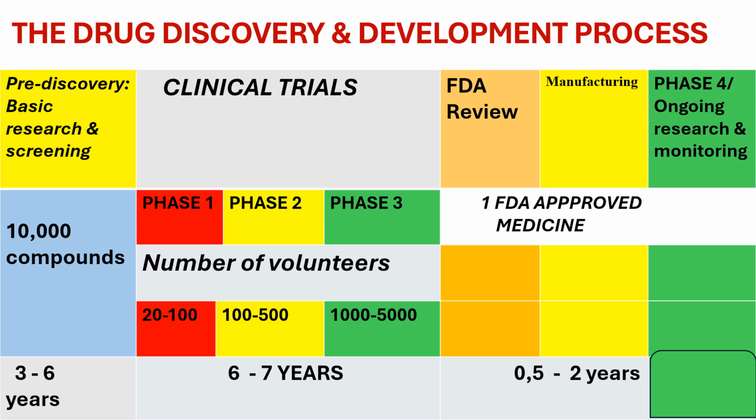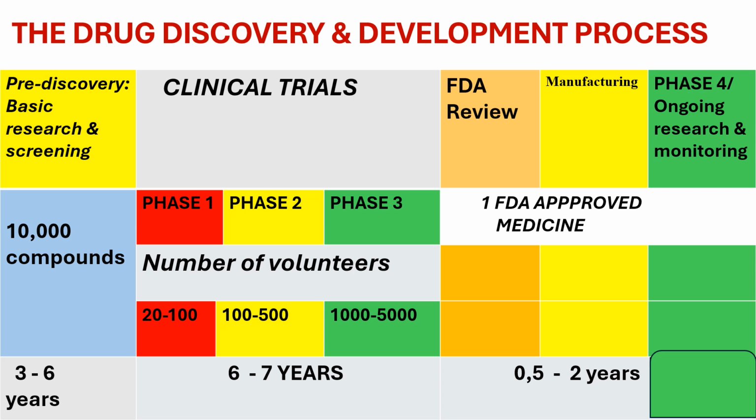These guidelines are internationally accepted ethical and scientific quality standards for designing, conducting, recording, and reporting trials that involve human participants. They ensure that the rights, safety, and well-being of trial participants are protected and that the data generated is credible and accurate. That said, for today, I am going to talk about the drug discovery and development process.